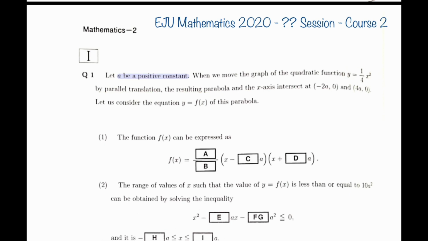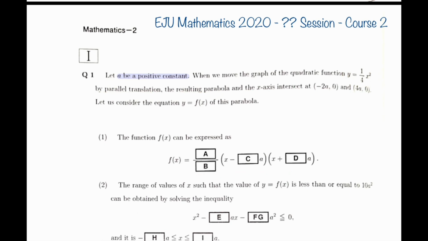The new parabola, let us denote it by y equals f of x. The first question is, the function f of x can be expressed as blah blah blah. So after I translate this initial parabola, the resulting parabola can be expressed as blah blah blah.